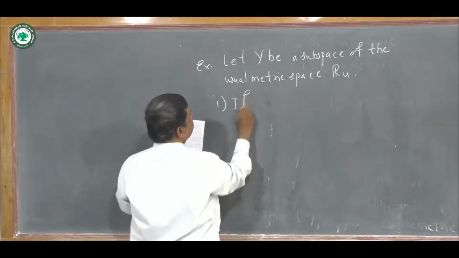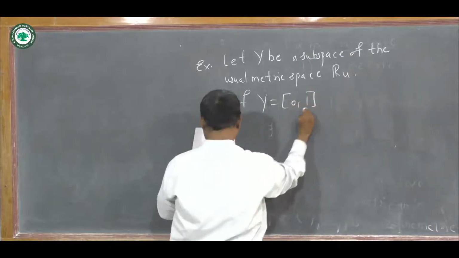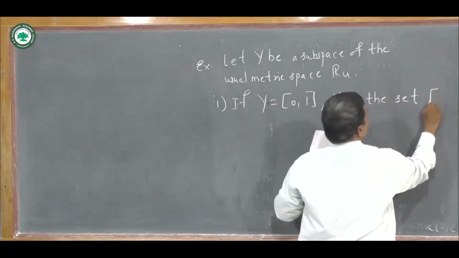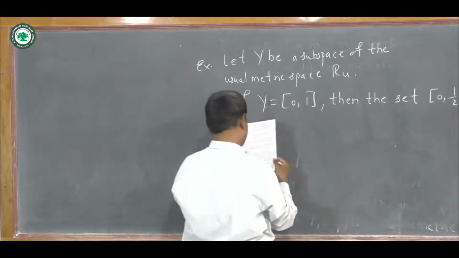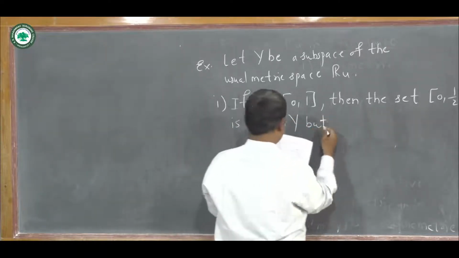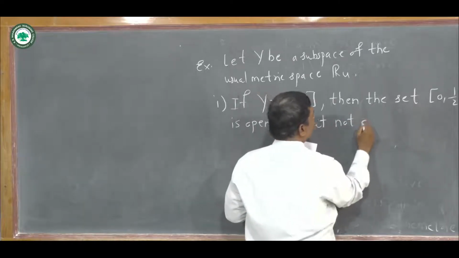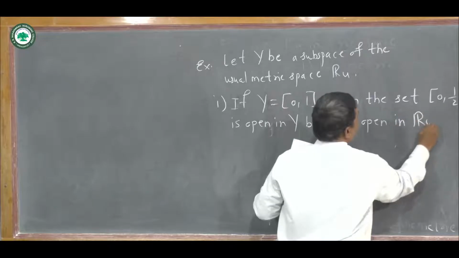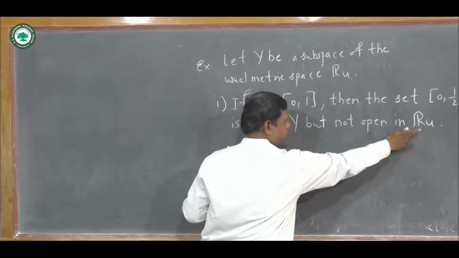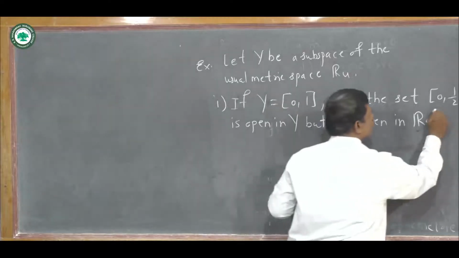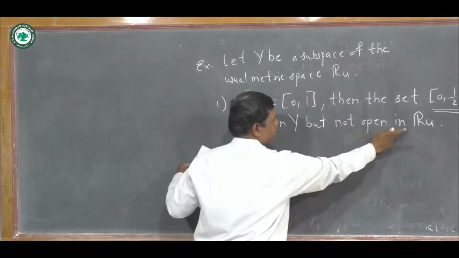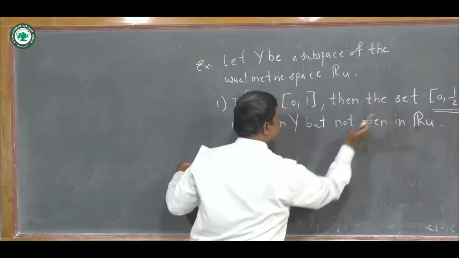If you take Y equal to the closed bounded interval [0, 1], then the set [0, 1/2) is open in Y, but this set is not open in the metric space R_u, that is in X. Y is a subset of R, but the set [0, 1/2) is open in the subspace but not open in the usual metric space R_u.